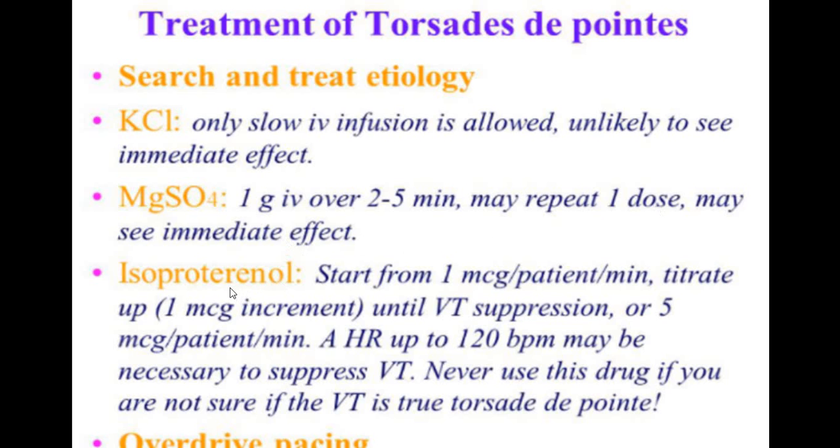Another drug which is commonly utilized is isoproterenol. You have to start with 1 microgram per minute and titrate slowly until the ventricular tachycardia suppresses, or then you can go for 5 microgram per minute, and heart rate you should bring it down below 120 per minute to suppress ventricular tachycardia, or you can use overdrive pacing.